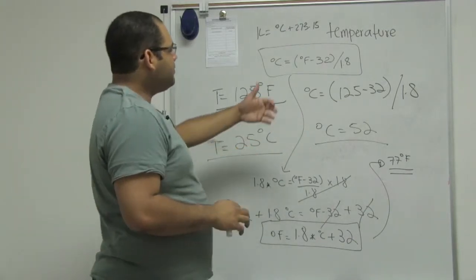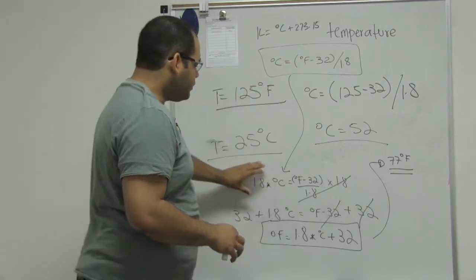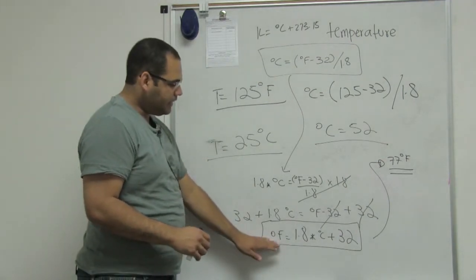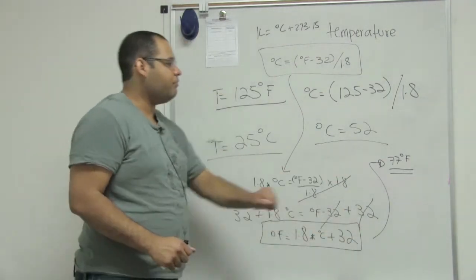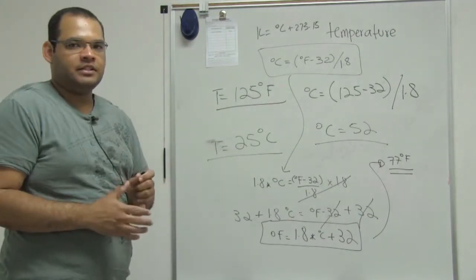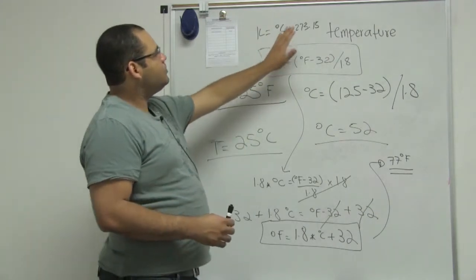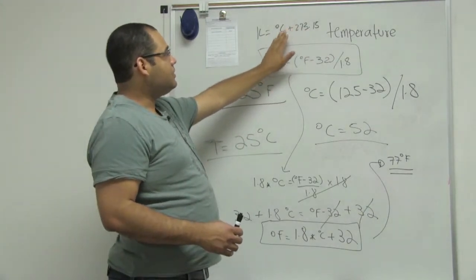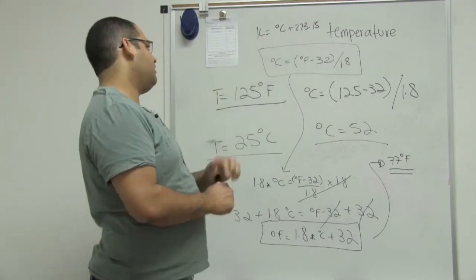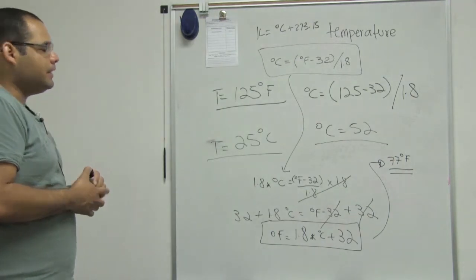Or if they ask me for the temperature in Fahrenheit from Celsius, I first solve my equation for Fahrenheit, and then I plug in the number and figure out how much Fahrenheit it is with that specific number in Celsius. The same thing I can do with Kelvin. I add the 273 if the temperature is given in Celsius, or subtract the 273 if the temperature is given in Kelvin and I want to find the new temperature in Celsius.